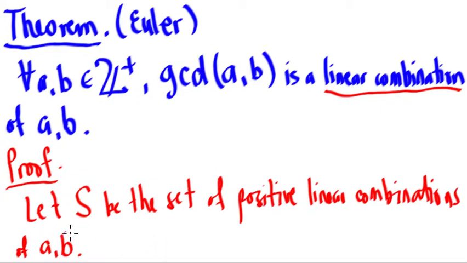Again, let S be the set of positive linear combinations of A and B.